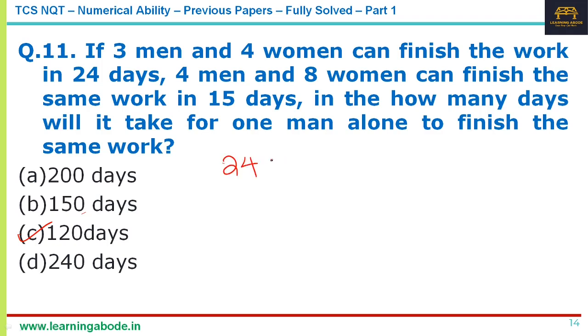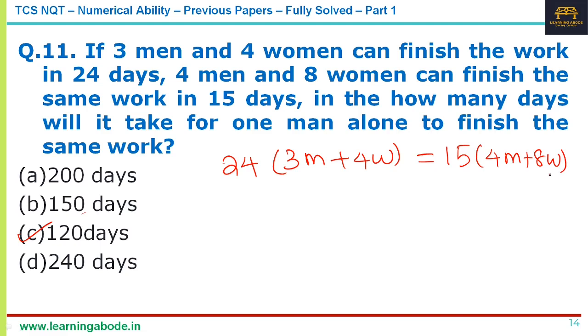So if you are considering the man days method, so 24 days, if 3 men and 4 women work, now that is same work as 4 men and 8 women working for 15 days, right? So if you simplify, 3 is common between the two sides. Okay, so this becomes 8 into 3 men plus 4 women is equal to 5 into, so I guess you're getting the idea how I'm proceeding.